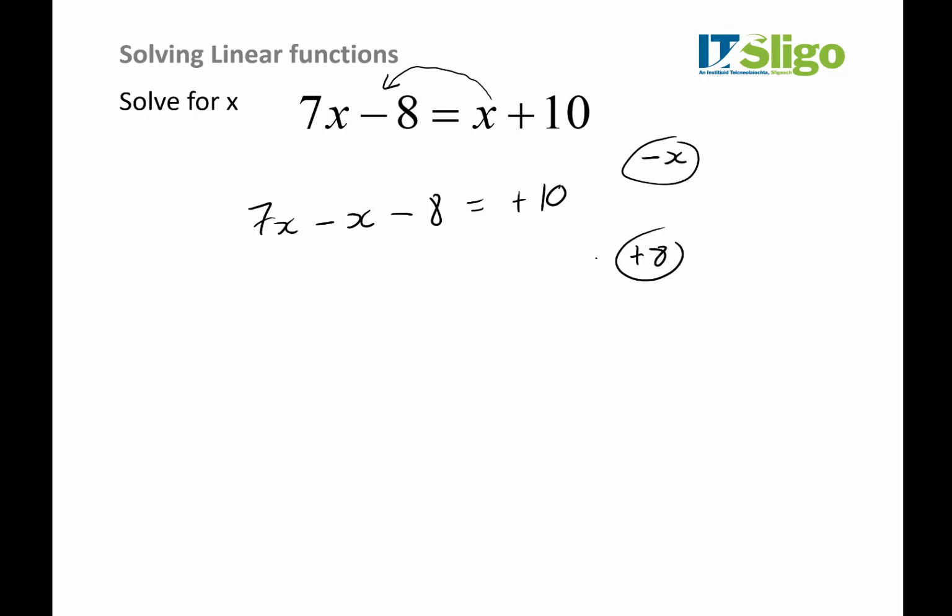Now I'm going to add 8 to both sides. I get 7x minus x is equal to 10 plus 8, which is 18. 7x minus 1x is 6x. I'm just double checking now to make sure I haven't made any mistakes with minuses. And finally then we divide both sides by 6, and we get x is equal to 3.